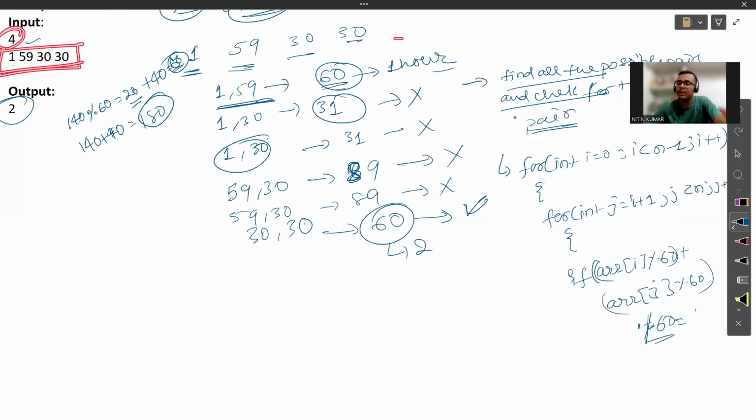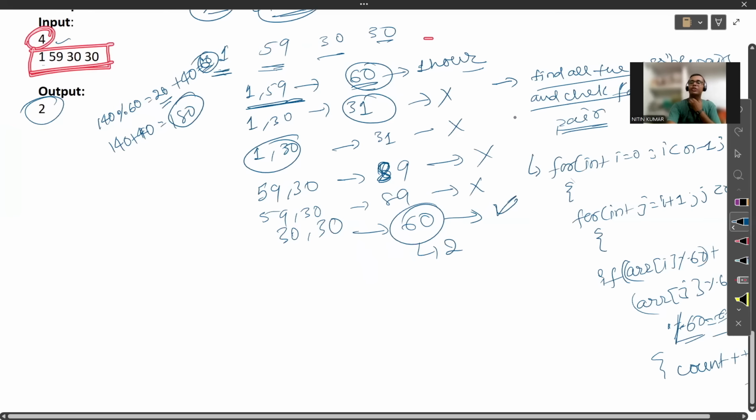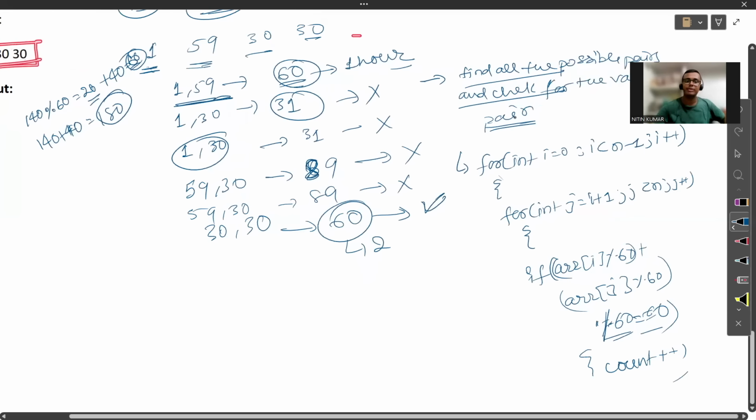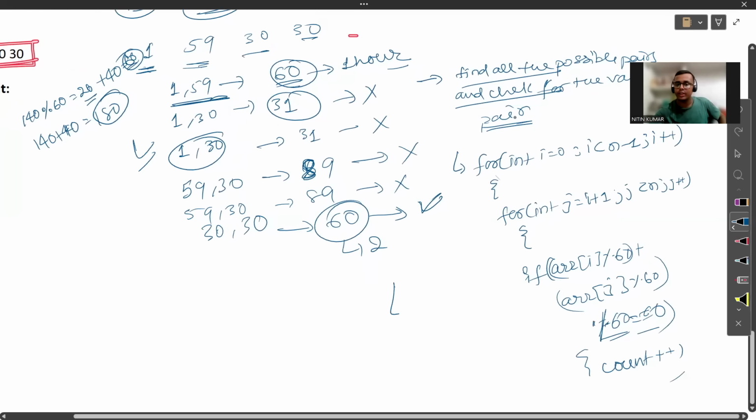And if the total value is equal to 0, then it is a valid sum, so count will be incremented. Otherwise, the count will not be incremented. So this is just checking for the valid pair. I think you have understood. This logic is just to be written in code format.